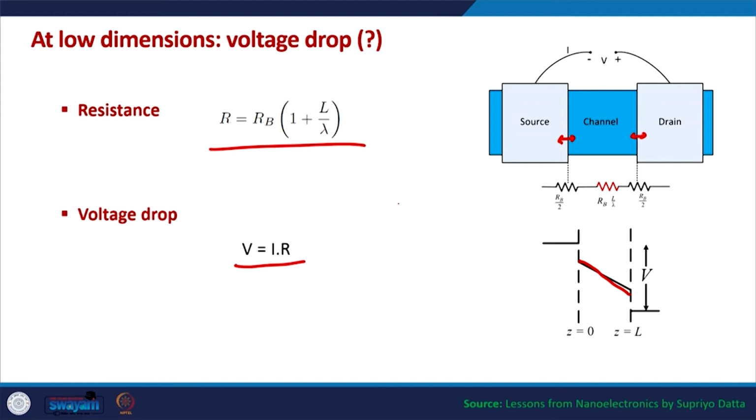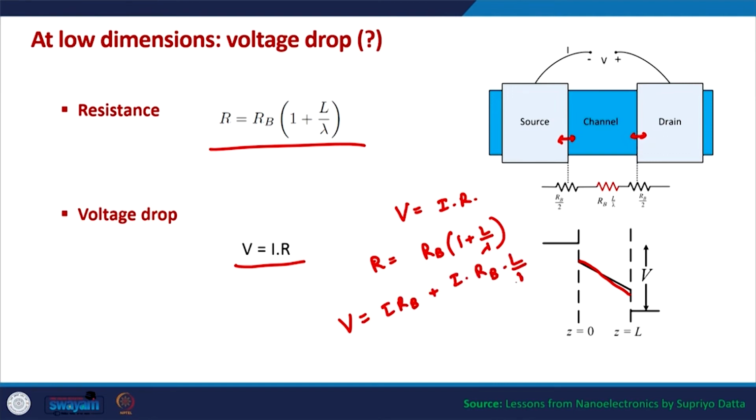Because the voltage drop is given as I times R and current is constant throughout the device. So, if R is Rb times 1 plus L by lambda, then this voltage drop will also be I times Rb plus I times Rb L by lambda. This part of the voltage drop happens at the contacts, and this part happens in the channel.